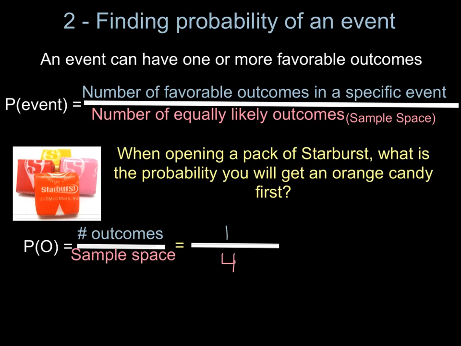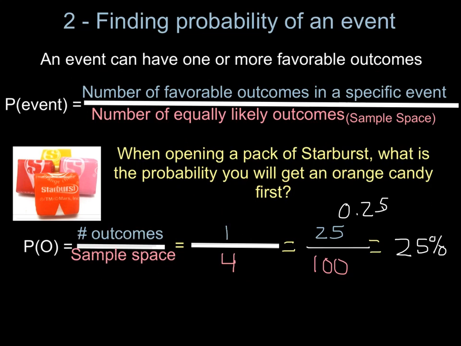We can also write this as 25 hundredths, which as a decimal is 0.25, and of course as 25%.